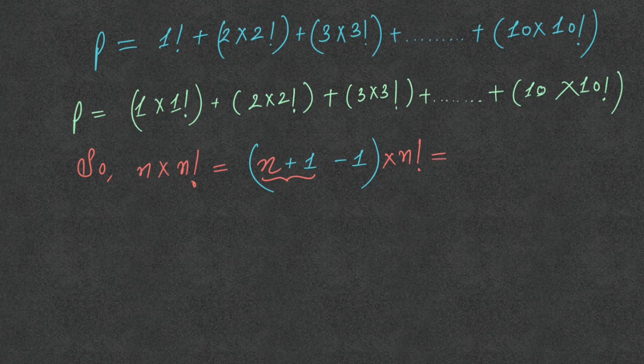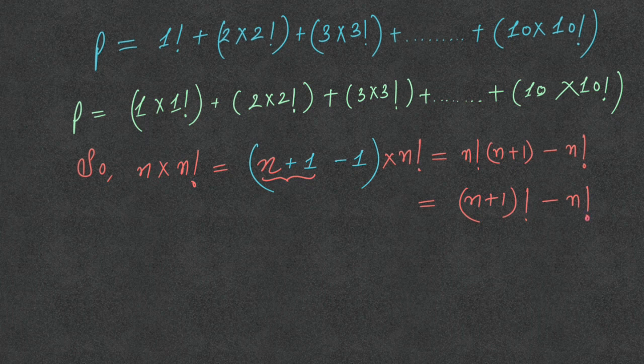So n factorial will multiply with this, so n factorial into n plus 1, minus this n factorial, which here will multiply with this one. So n factorial into n plus 1 is n plus 1 factorial, and n factorial is as it is.